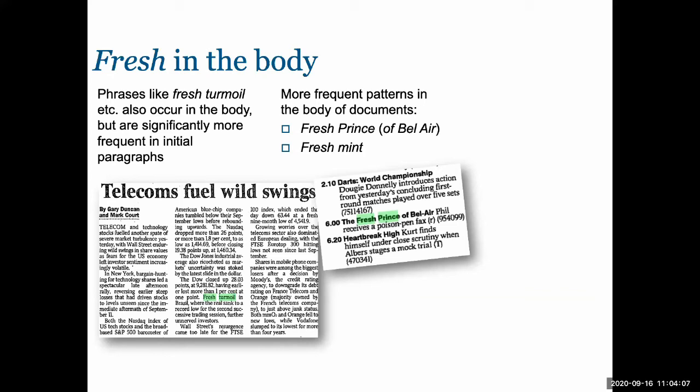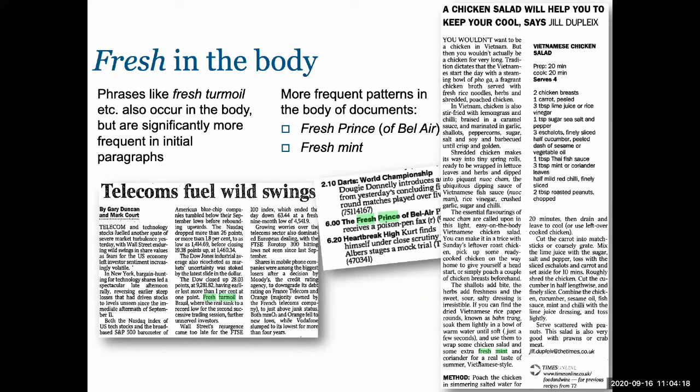But we also find, for example, fresh mint. So quite a different sense of fresh when it comes to food or fresh produce. And here we find it as part of a recipe section, basically. So again, the influence of text type is quite interesting as well.